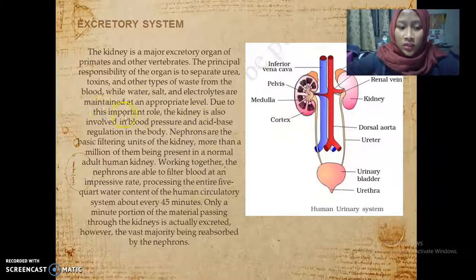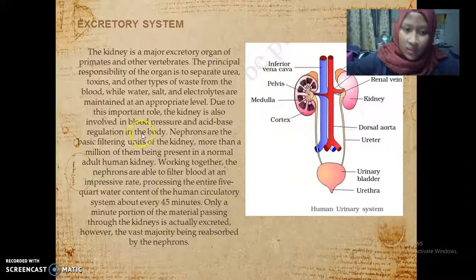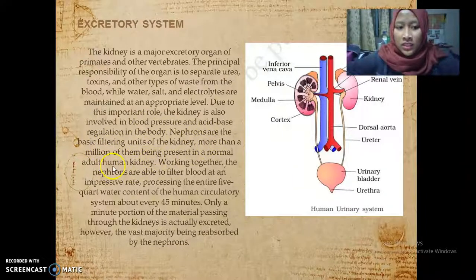Due to this important role, the kidney is also involved in blood pressure and pH regulation in the body. Inside the kidney they have the nephron, which is the basic filtering unit. There are more than 1 million present in a normal adult human kidney, working together to filter blood at an impressive rate.